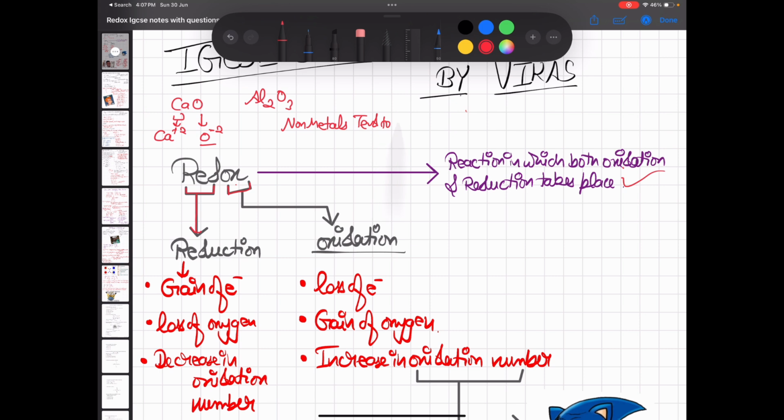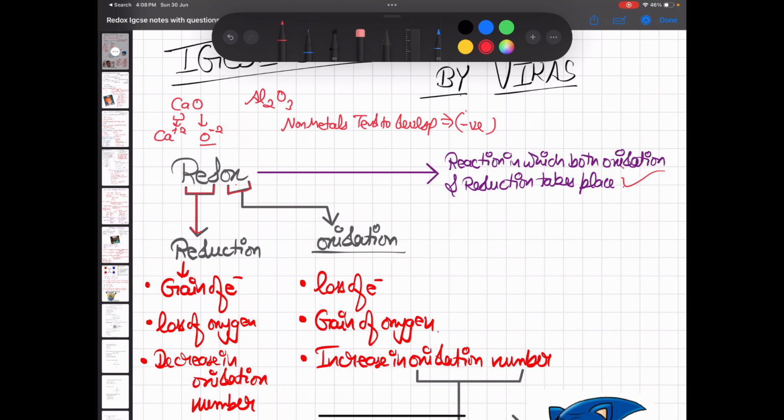tend to develop negative charge around them, because that is the only way they can gain stability. How you can assume this is that non-metals are always electron deficient, so they always want to gain some electrons. This also proves the point that oxygen makes a charge of negative 2.